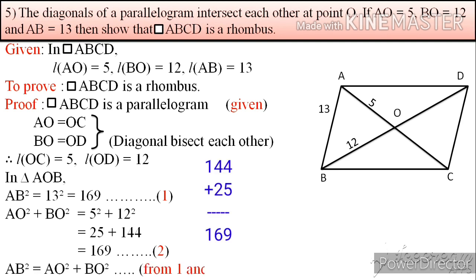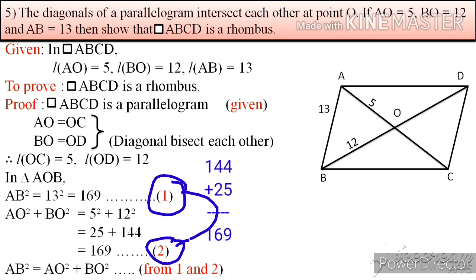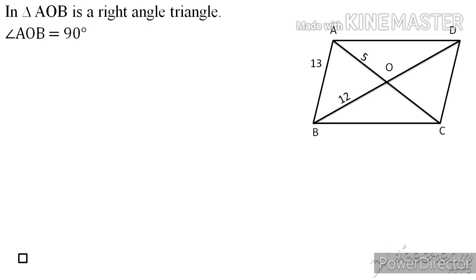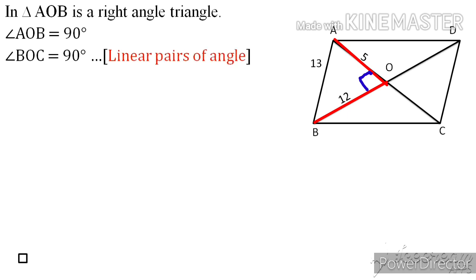Addition of 25 and 144 is 169. Equation number 2. From first and second we get AB square equals AO square plus BO square. Triangle AOB is a right angle triangle because angle AOB is 90 degrees.